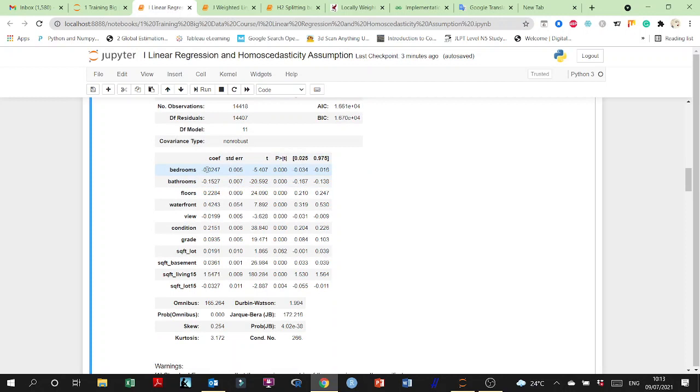And over here we have the different coefficients. What does that mean? The coefficient is the average weight of each variable related to the dependent variable.